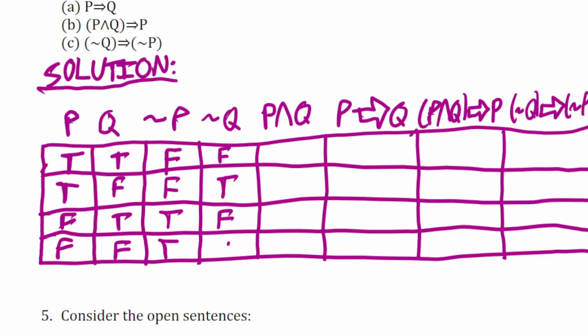All right, so P conjunction Q is only true when both P and Q are true. P implies Q is only false when P is true and Q is false. Then P conjunction Q implies P is only false when P conjunction Q is true and P is false.